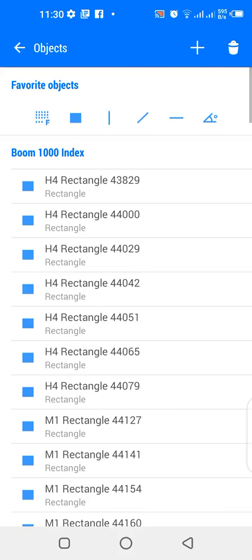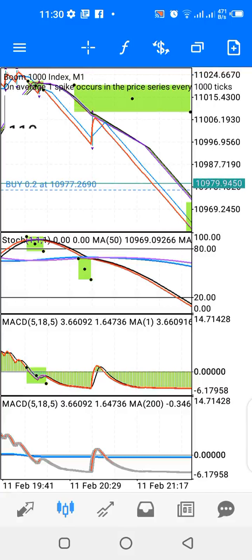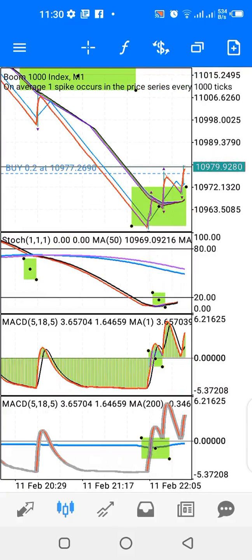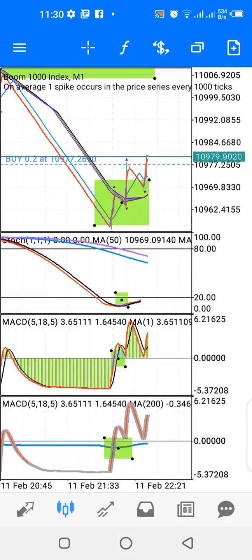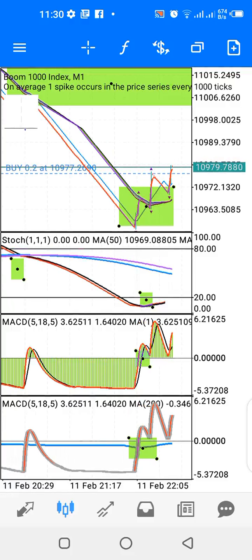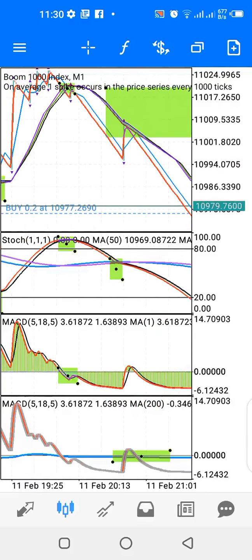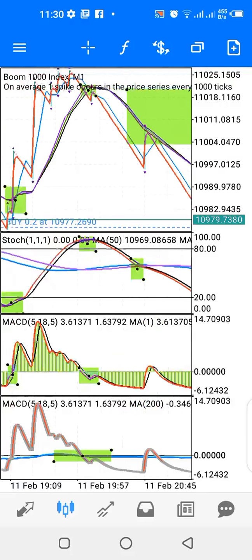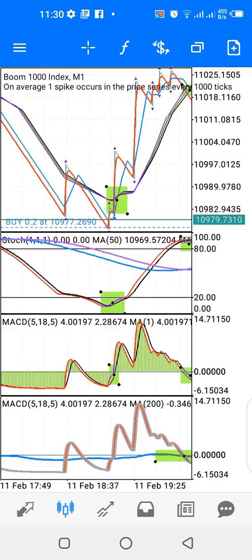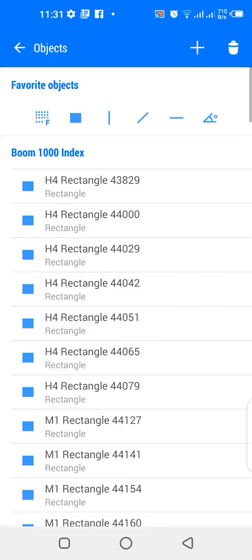It may go up as high as this point, but let's see how it works. Let's see how it goes. All right, so that's the buy signal. There's a sell signal here. Okay, this is a buy signal on the 1 minute time frame.